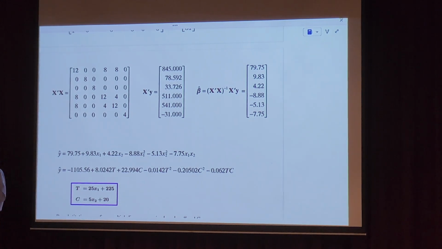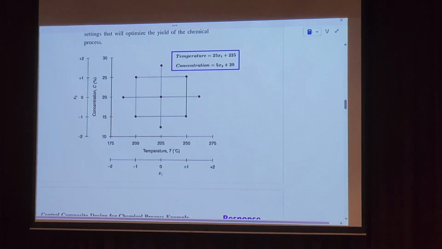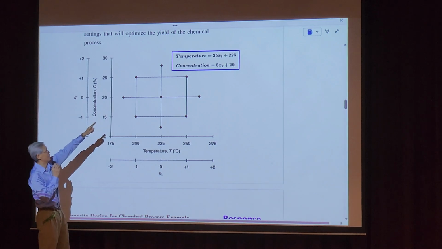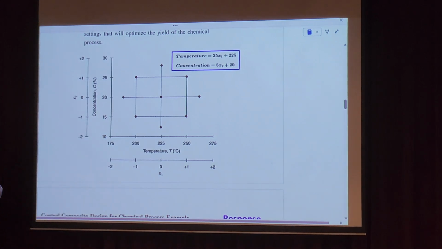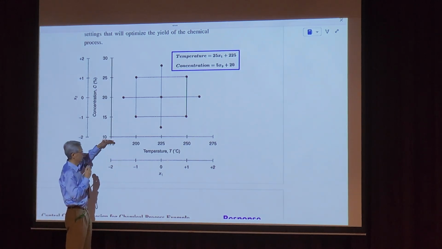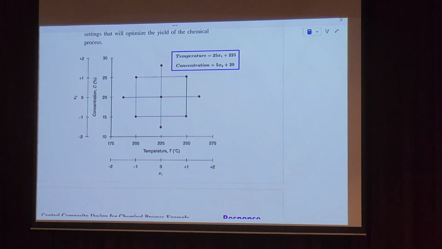See, when I match this against this, I am actually defining my temperature and concentration in terms of the coded variables x1 and x2. You can check easily. These two are true for determining the relationship between the coded variable and temperature. Same thing for concentration and x2.